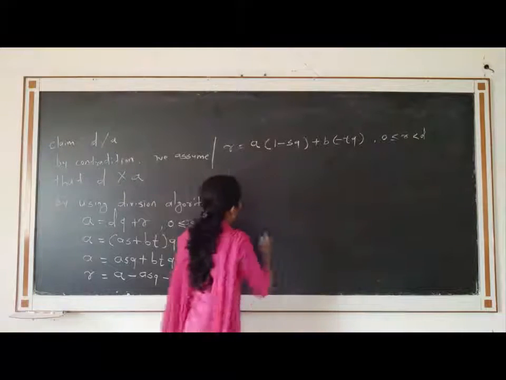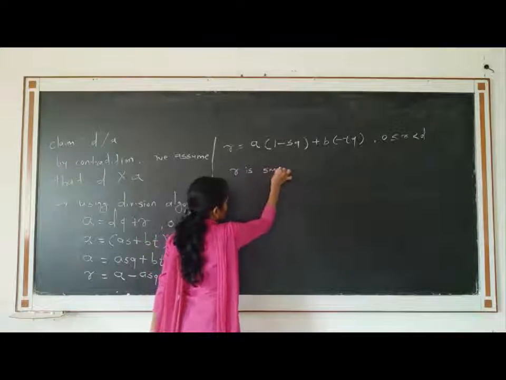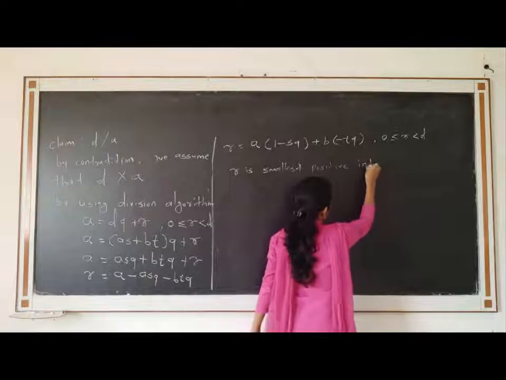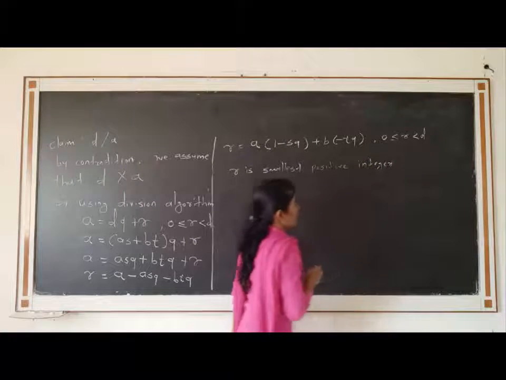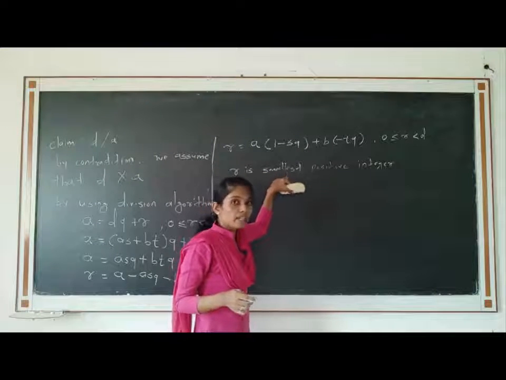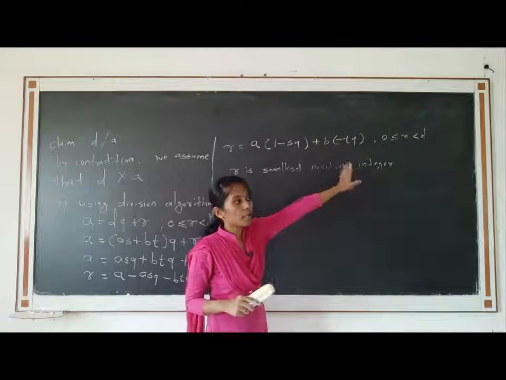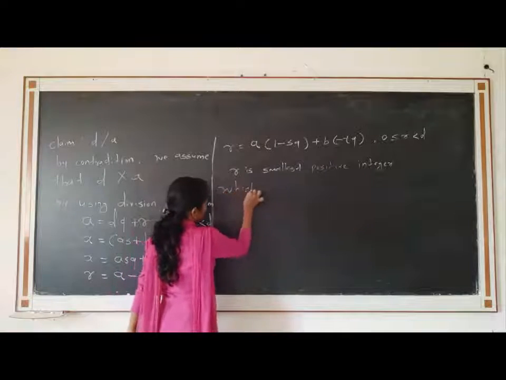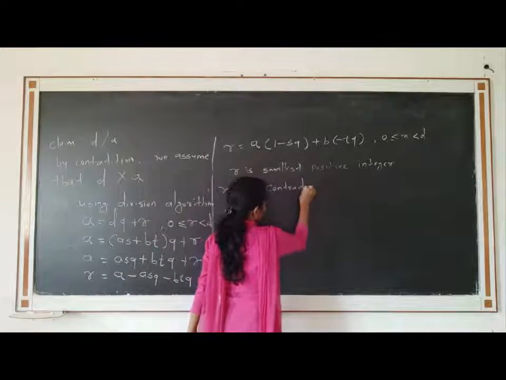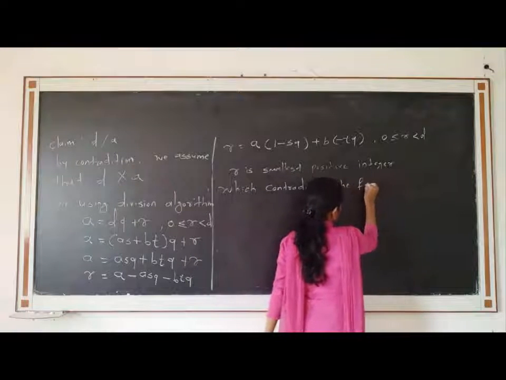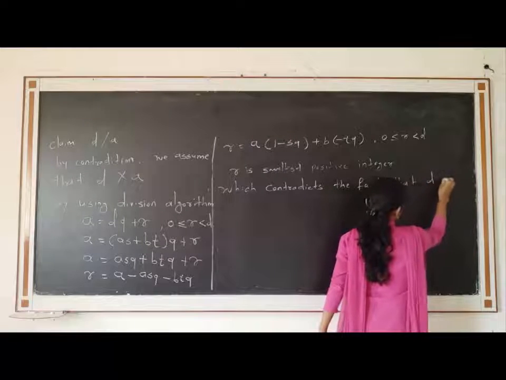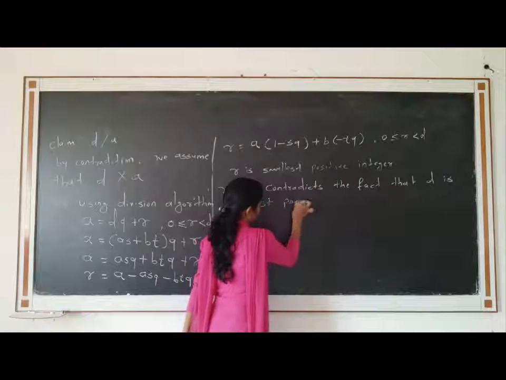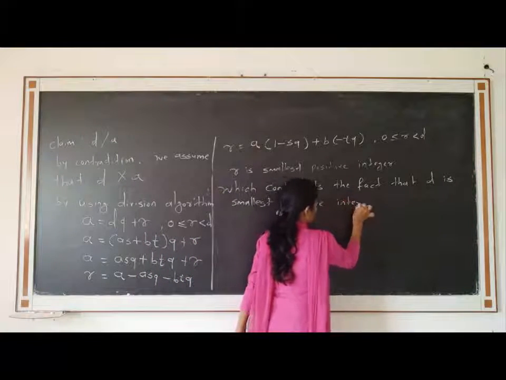That is, here we get R is a smaller positive integer, but which is a contradiction to the fact that D is the smallest positive integer of S. Which contradicts the fact that D is the smallest positive integer.